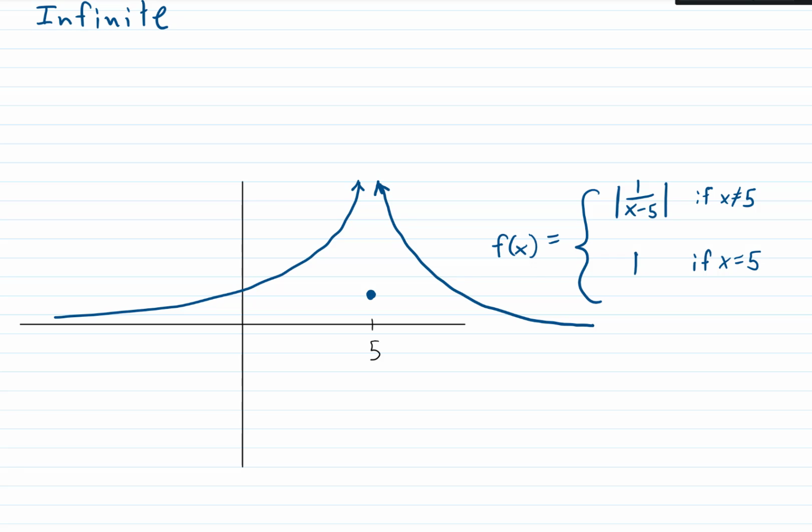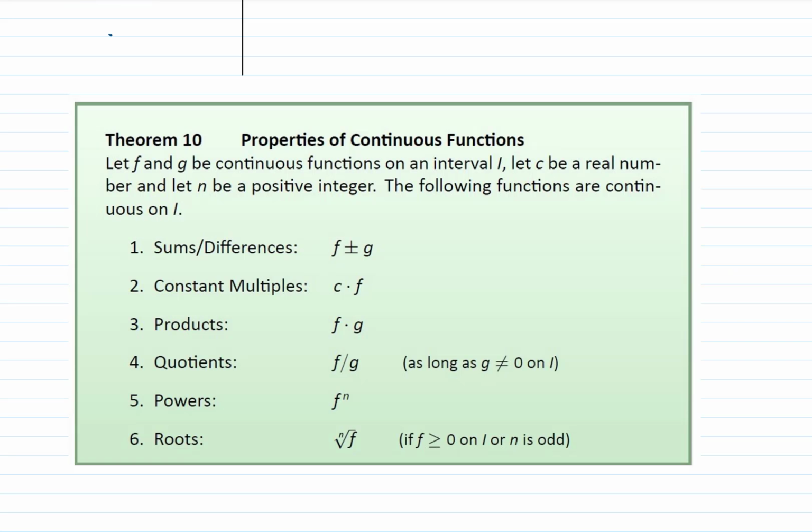And there's a list of theorems that are very straightforward on page 63 in the book. I'm going to show it to you. Okay, this is from page 63, Theorem 10. What does it say?